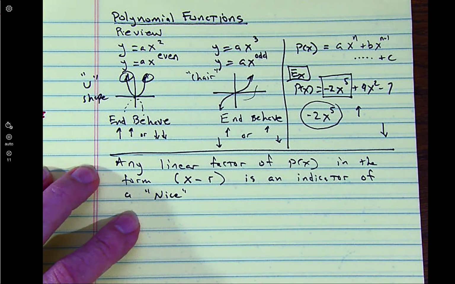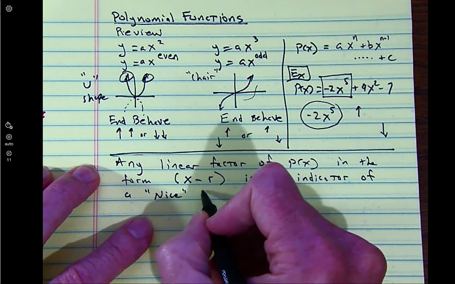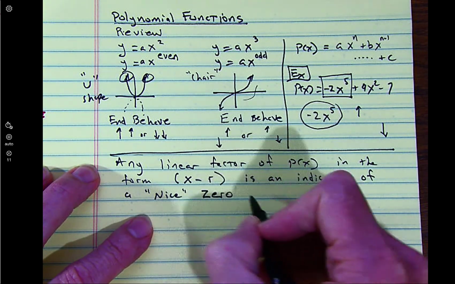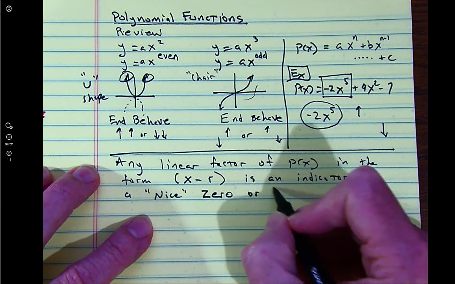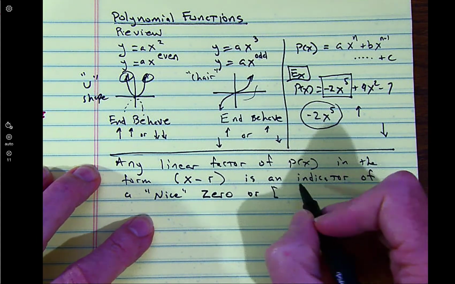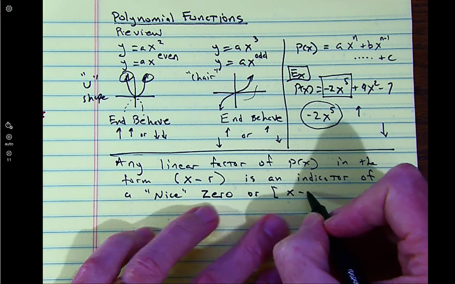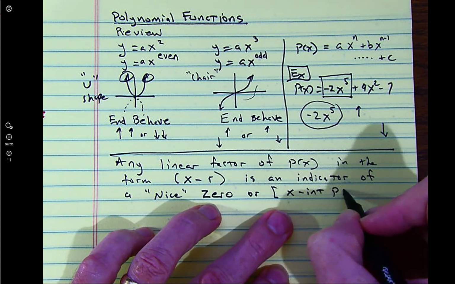Formally, I should say a rational zero. Or you might say an indicator of the x-intercept point.